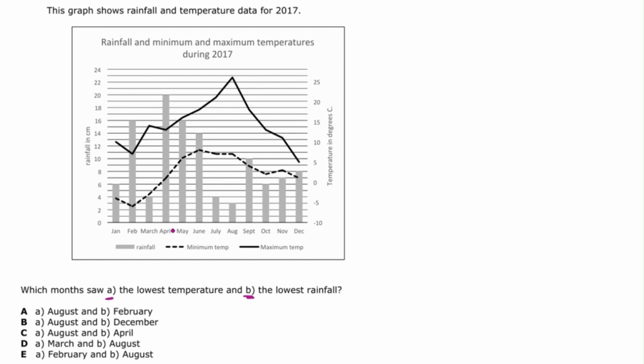Which one's the lowest? We can see this one, which is in February, so we're going to write February equals A. Now we're going to change to detecting the lowest rainfall, which is these gray pieces.